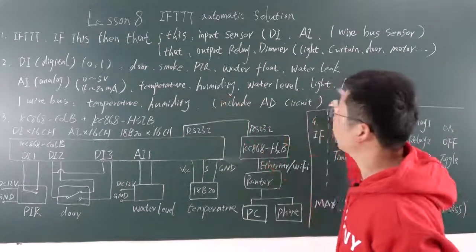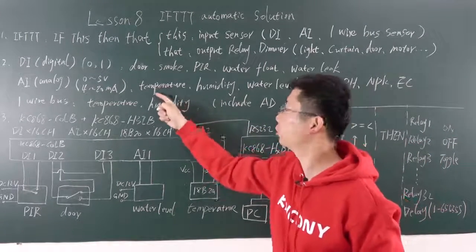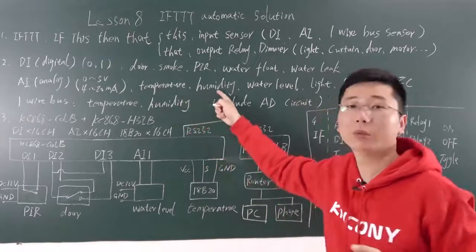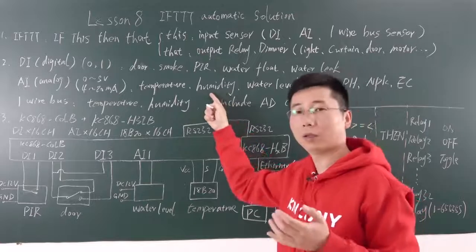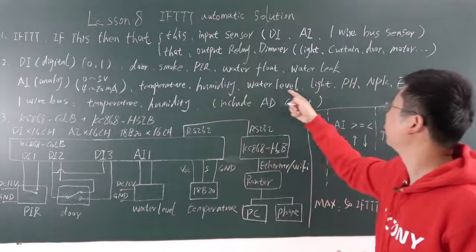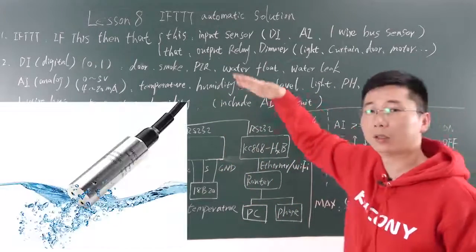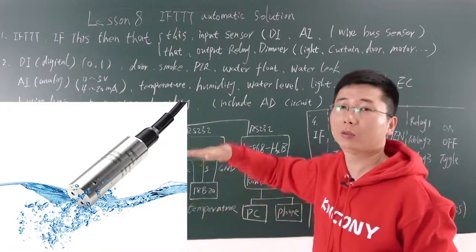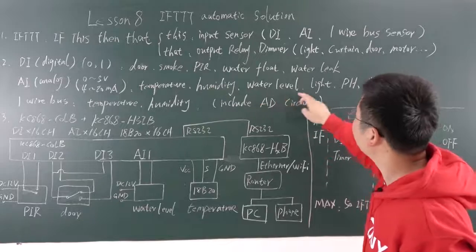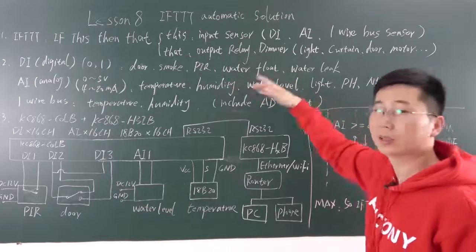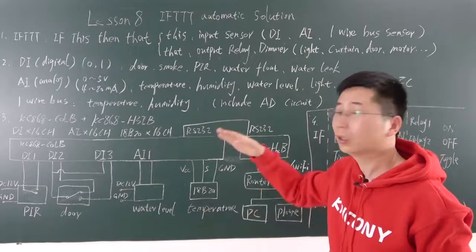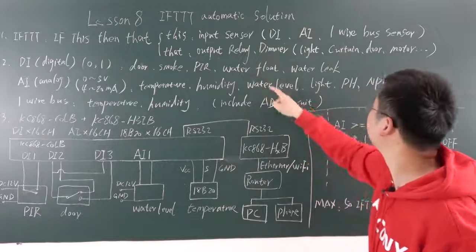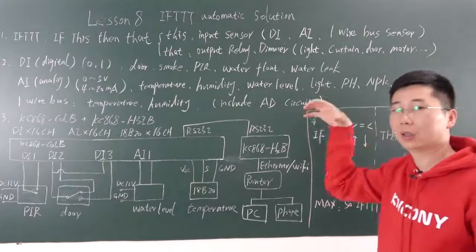The temperature might be 20 or 30 centigrade, the humidity about 70 or 80%, and the water level tells the depth of the water tank, like 1, 2, or 3 meters. The water float only gives high or low, not the depth.